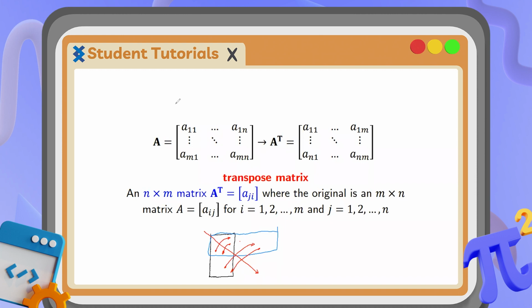Then if you have a square matrix, if you have a 3 by 3 matrix, then your transpose would also be 3 by 3. And the only thing that would change is the elements in here, like so. And again, the diagonals would not change in terms of value.